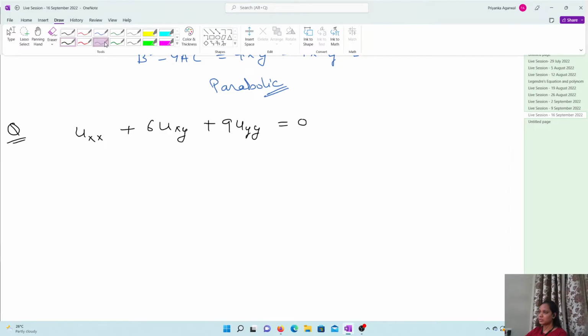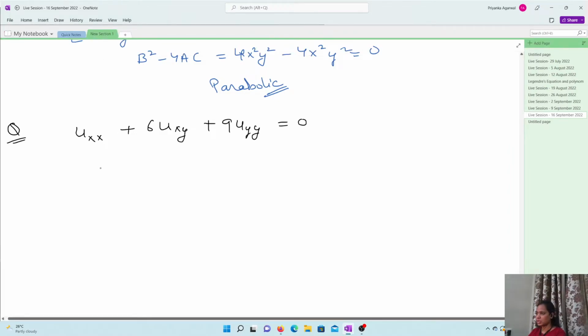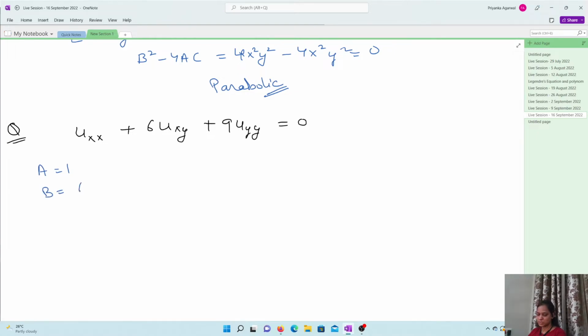Now we have to solve this particular question. Here a is 1, b equals 6 and c equals 9. So b square minus 4ac is 36 minus 36, 0. So this equation is of the parabolic form.